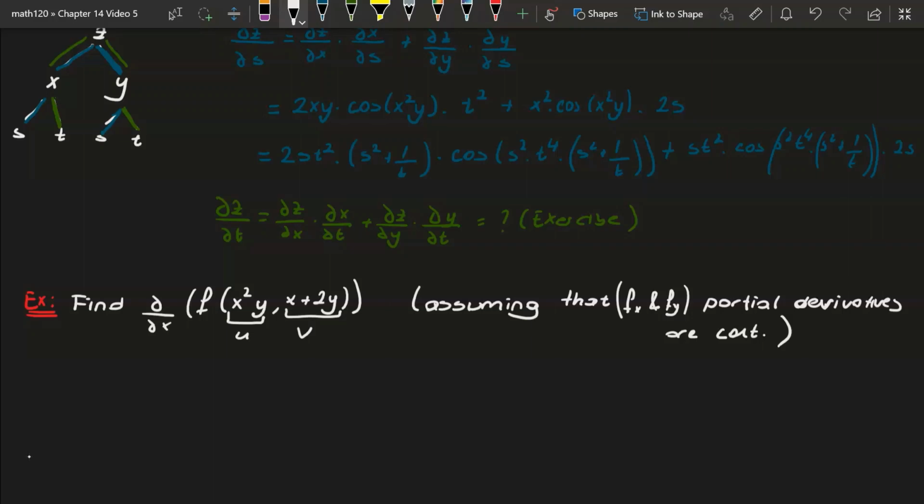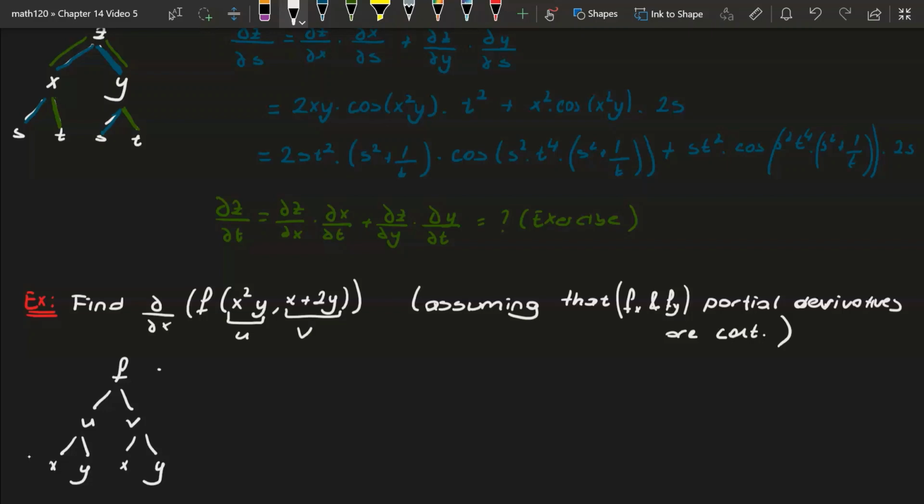So we have f depending on u and v, and u and v are functions depending on x and y. Okay, we are asked to find the derivative of f with respect to x.